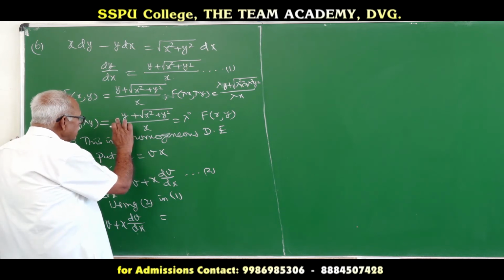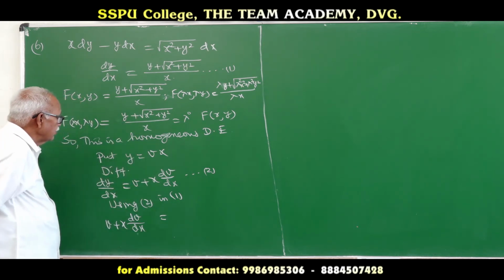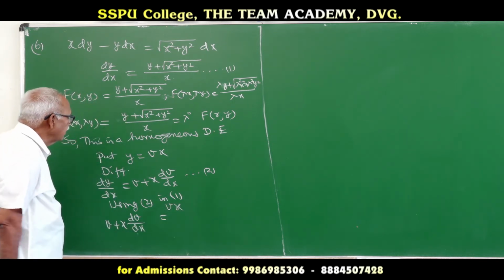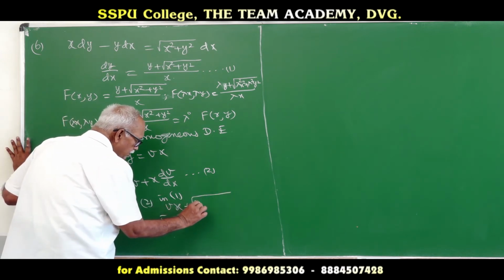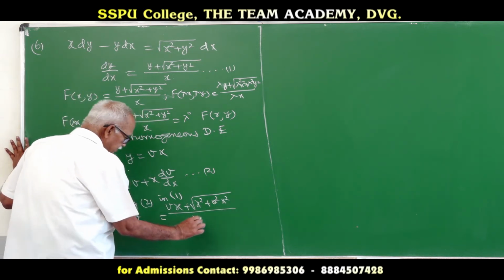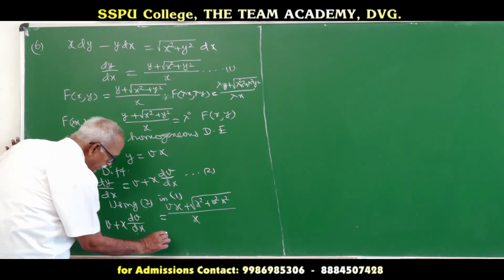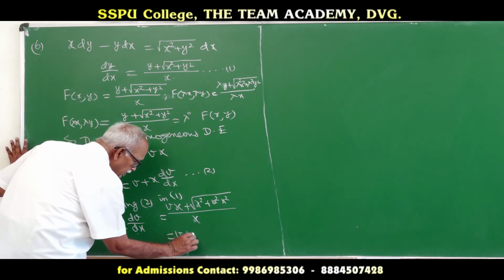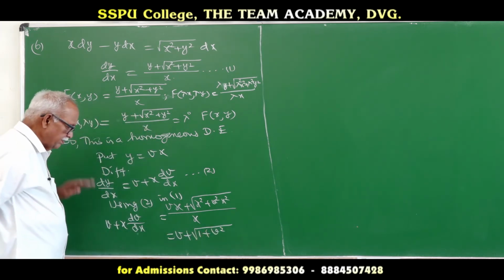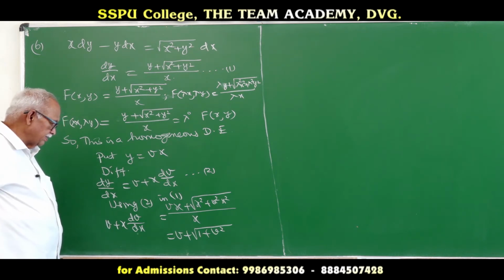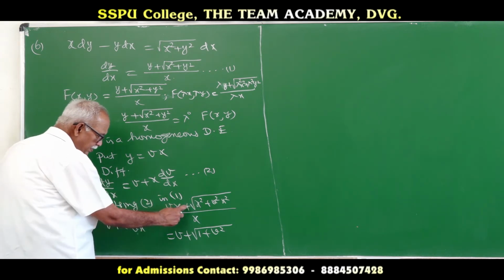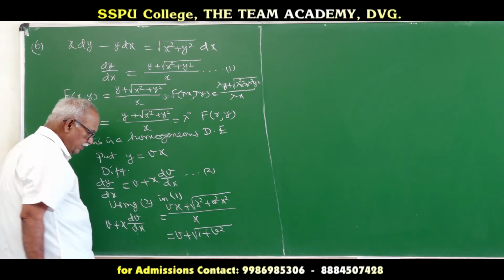So, here if you put y is equal to Vx, I will do this here: y is equal to Vx plus square root of x square plus v square x square divided by x. See, this simplifies to v plus square root of 1 plus v square. Now, from this x square, x will come outside, this x cancels, v plus, here 1 will be there and here v square will be there.